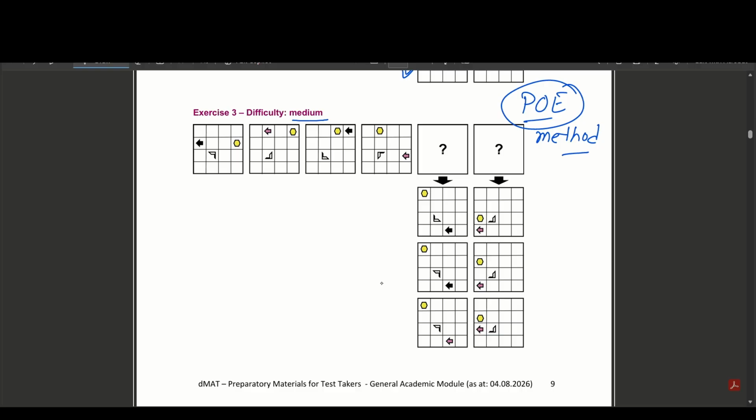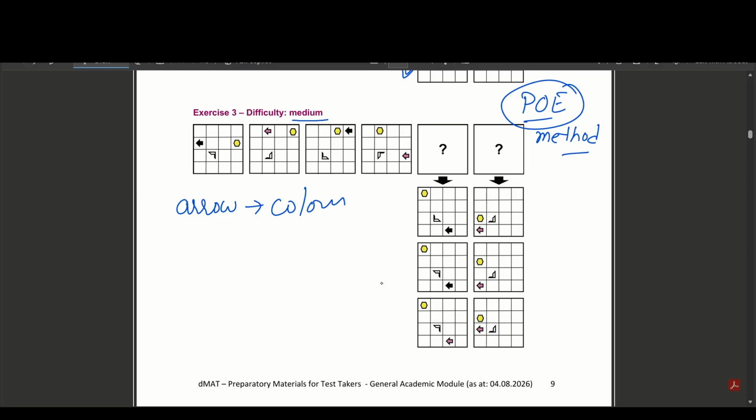So here, first of all, there is the path of an arrow. The arrow is changing color, from black to, you can say, violet.